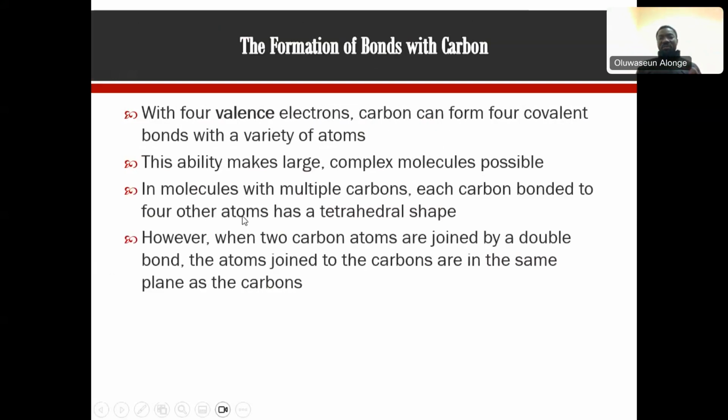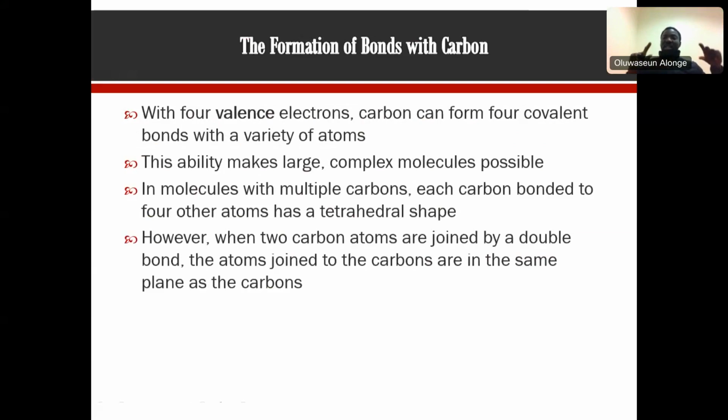Now, when you say the valence electron, the valence shell, if you remember from the previous chapter, the valence shell is the outermost shell of an atom. All right. So carbon has 4 valence electrons. The reason we say carbon has 4 valence is that carbon is number 6 on the periodic table. And being number 6, the innermost shell has 2 electrons and the outermost shell has 4 electrons.